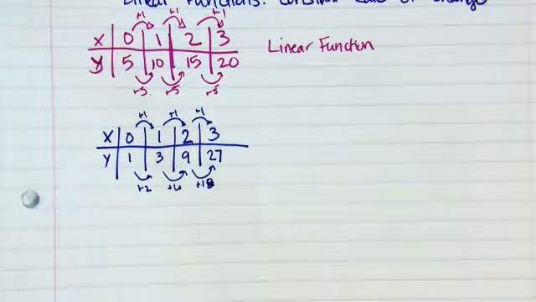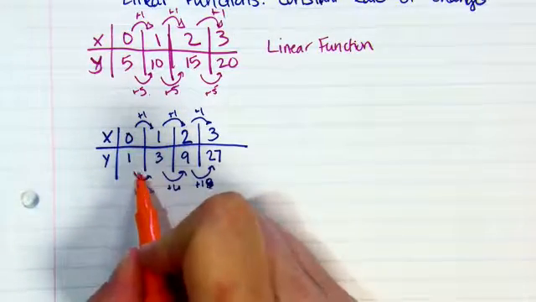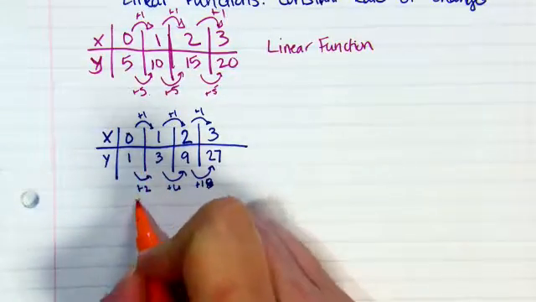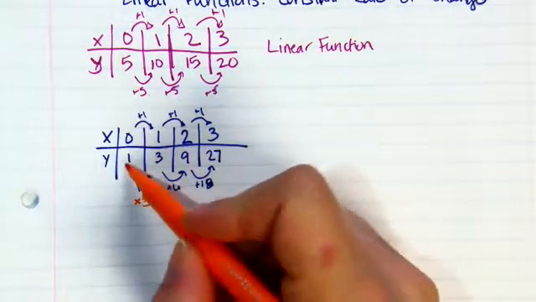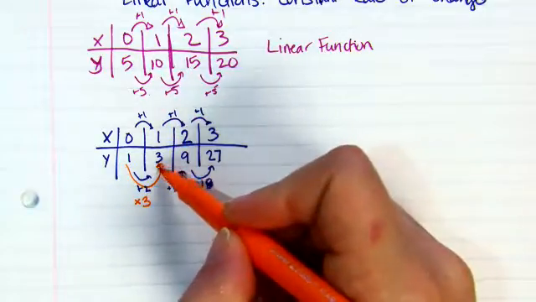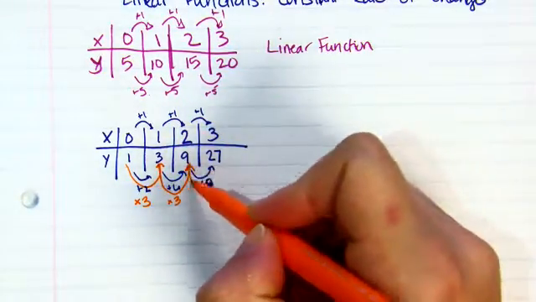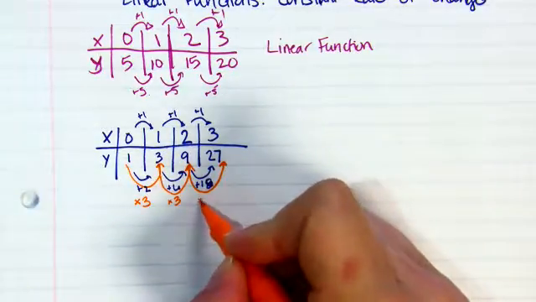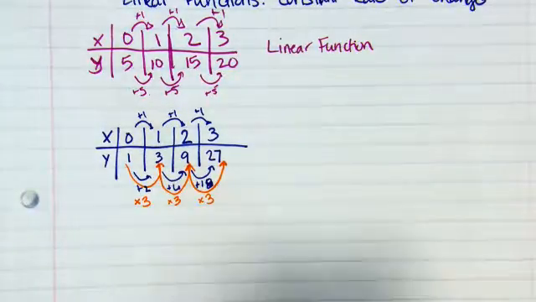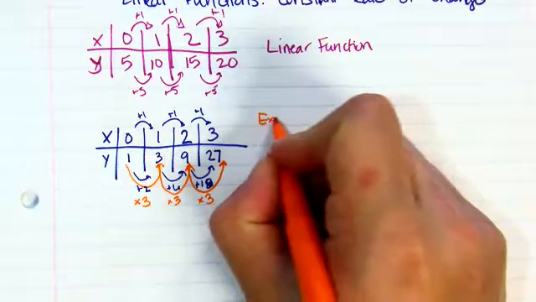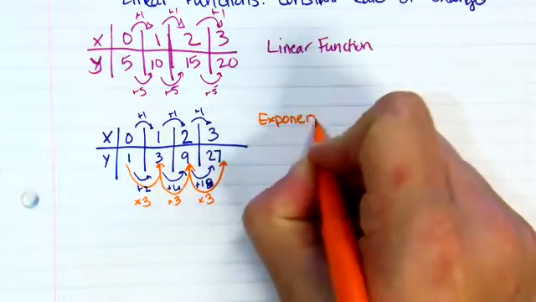So the next thing we want to look at is, are we multiplying by the same thing every time? To go from 1 to 3, we multiply by 3. To go from 3 to 9, we multiply by 3. To go from 9 to 27, we multiply by 3. So this is going to be an exponential function.